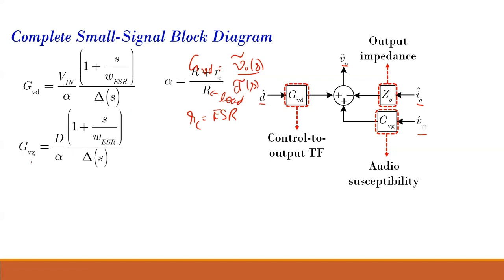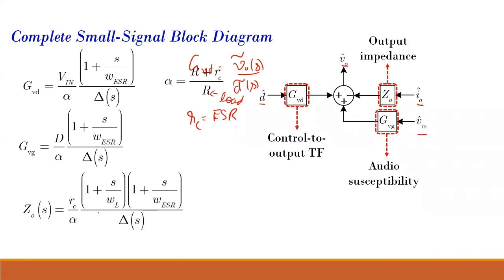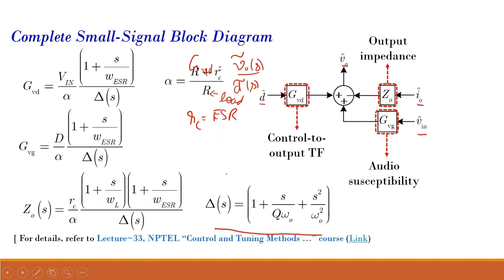Similarly, for audio susceptibility, it is given by this formula. The output impedance is given by this formula. And this is the characteristic equation, delta S, which is the same for all these three transfer functions.